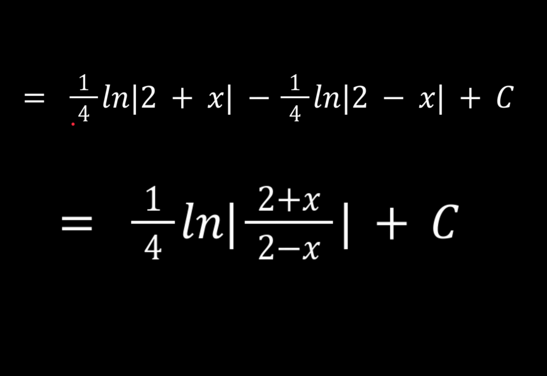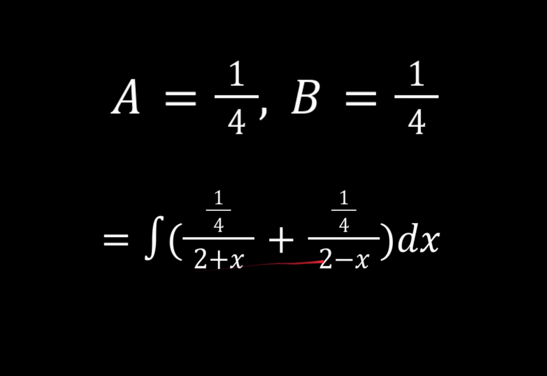So we have our 1/4 natural log of the absolute value of 2 plus x. Remember your absolute value, except for when the inside function will always be positive, then just use parentheses. Minus 1/4 ln of 2 minus x plus c.